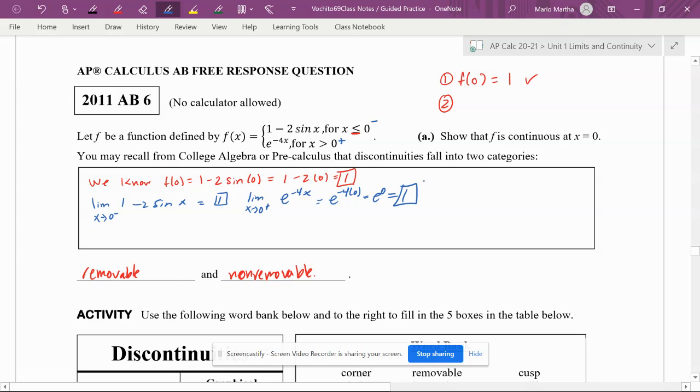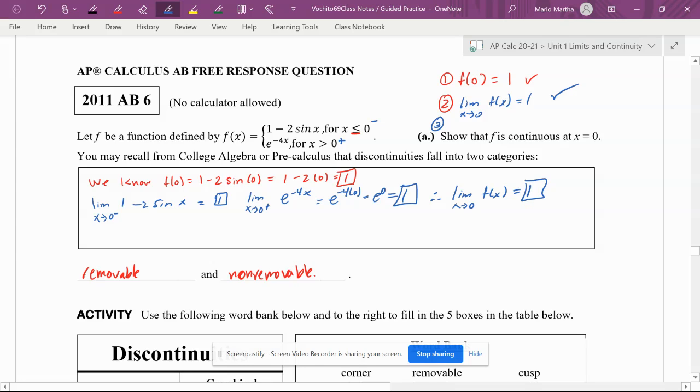Even though this is a piecewise function, both functions have the same value at 0. Therefore the limit as x approaches 0 of f of x is equal to positive 1. The second condition is true, the limit exists, so we can check that one off.